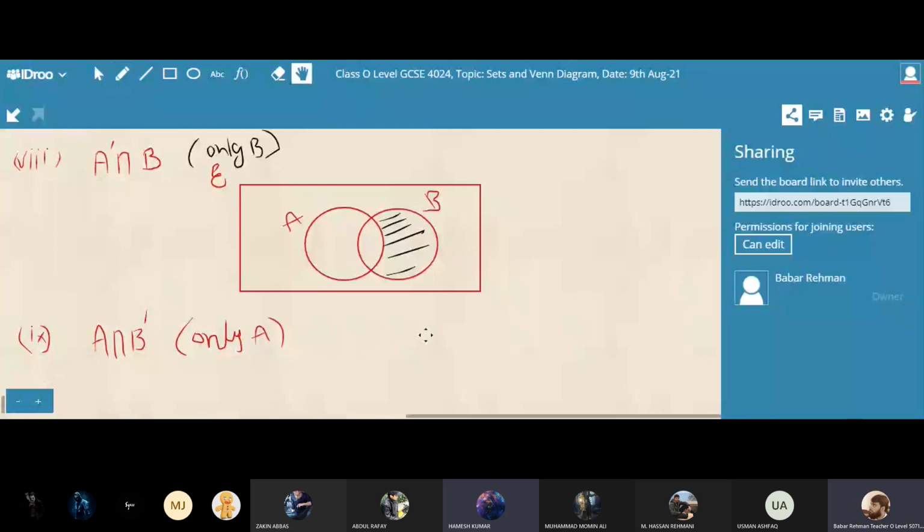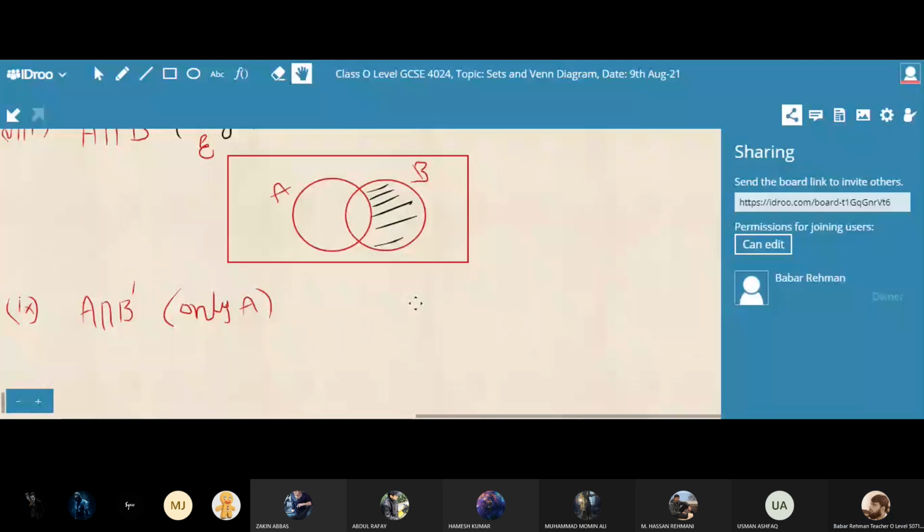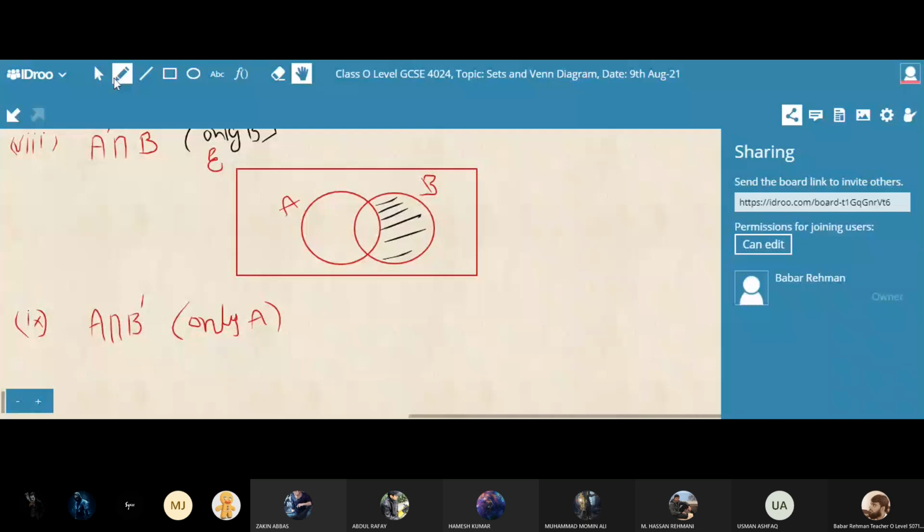Okay, draw the diagram. After you, I will draw this. Sir, diagram drawn. Good.